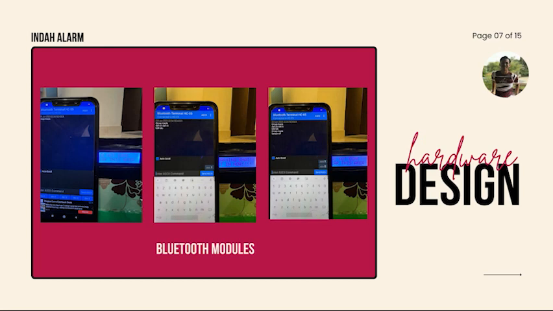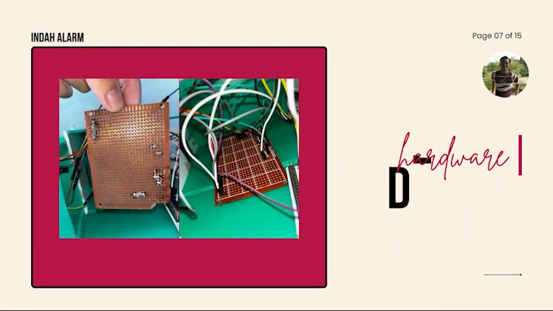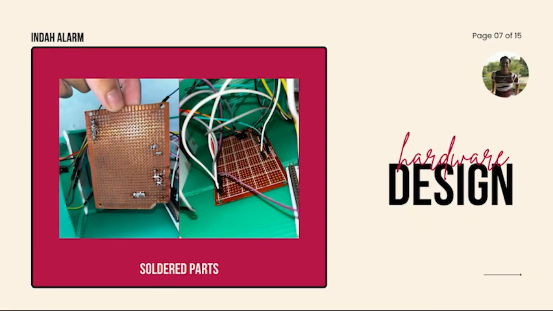The second picture is when command 1 is entered, and the last picture is when the 0 command is entered. This picture is the soldered parts in our prototype. We soldered all the input and output to the donut board.